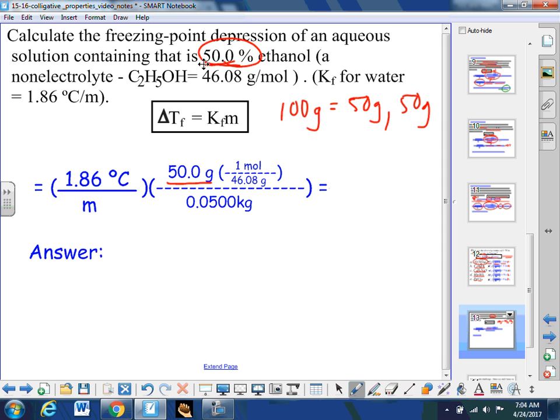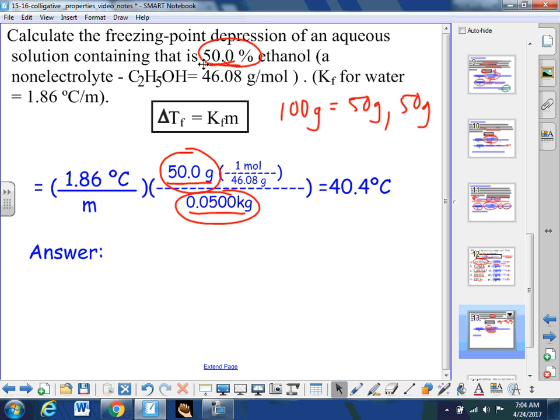So there's my 50 grams of solute that I have to convert to moles, and there's my 50 grams of solvent, and the problem really is the same. It's just that you have to assume that you've got 100 grams. Use the percent to figure out the amount of the solute and the amount of the solvent. The rest of the problem then looks exactly the same.